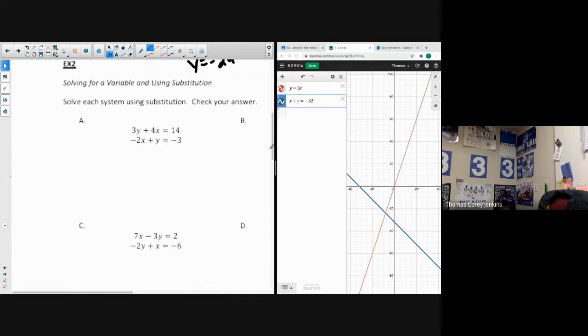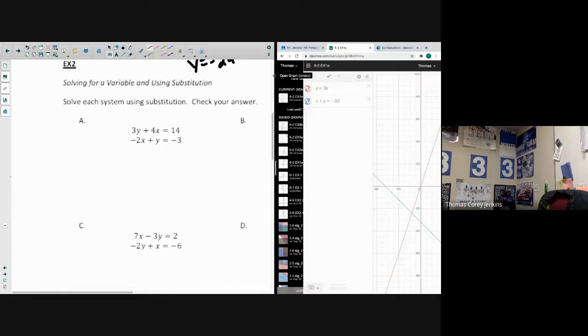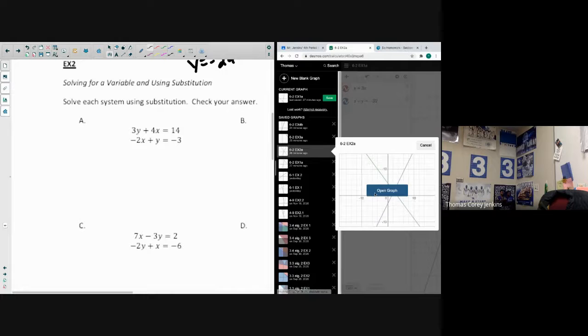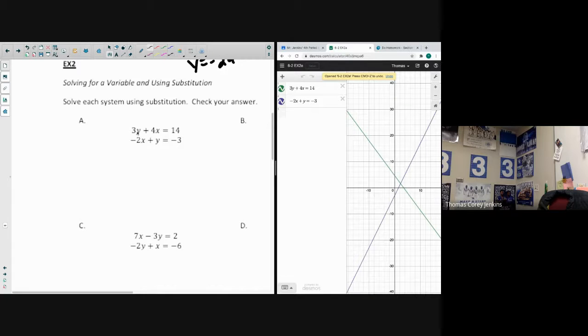Looking at the next example, example 2A, let me pull that up real quick. I'm always going to start with my Desmos graph first, so I know if I make a mistake at any point. We've got 3y plus 4x equals 14. On here, that's the green line.